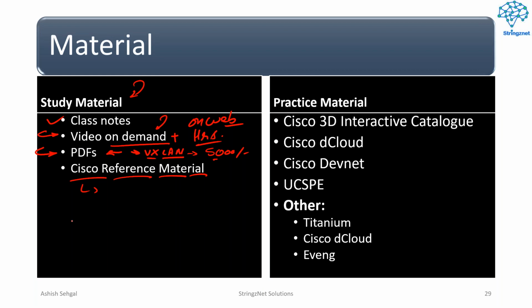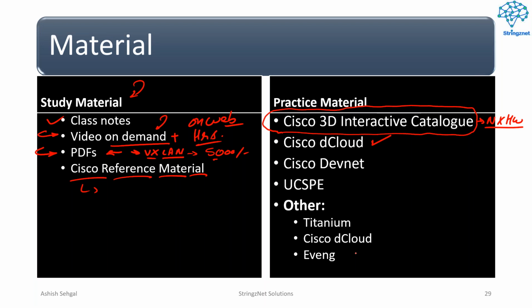With regards to the lab, I will strongly recommend you go through dCloud for the very first topic, Nexus hardware. I cannot give you any hardware device to touch, to feel, to twist, to unlock, to take out the line cards, etc. So I will suggest you please use the Cisco 3D interactive catalog.